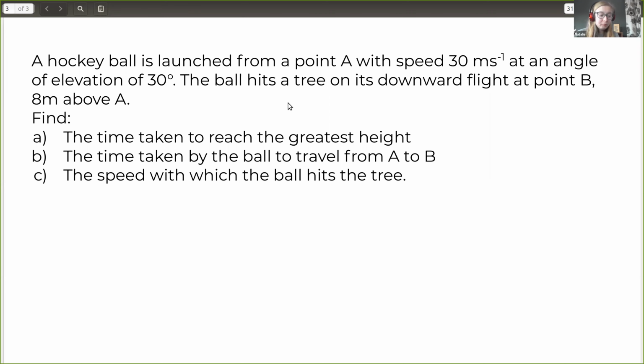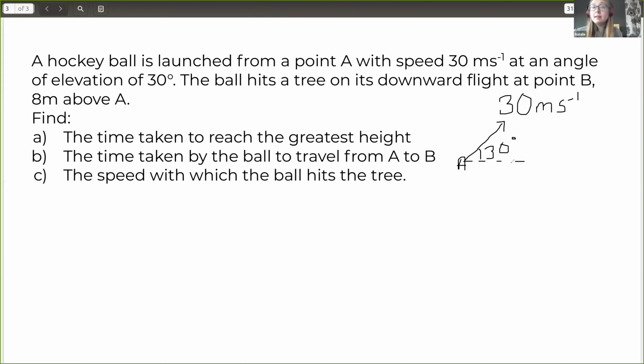So, to do this, what we are going to do is to find the time taken to reach the greatest height. We are going to consider the vertical motion of the hockey ball. Now, I always like to make a little sketch when doing these questions. So at point A, the ball is launched with 30 meters per second at an angle of 30 degrees.